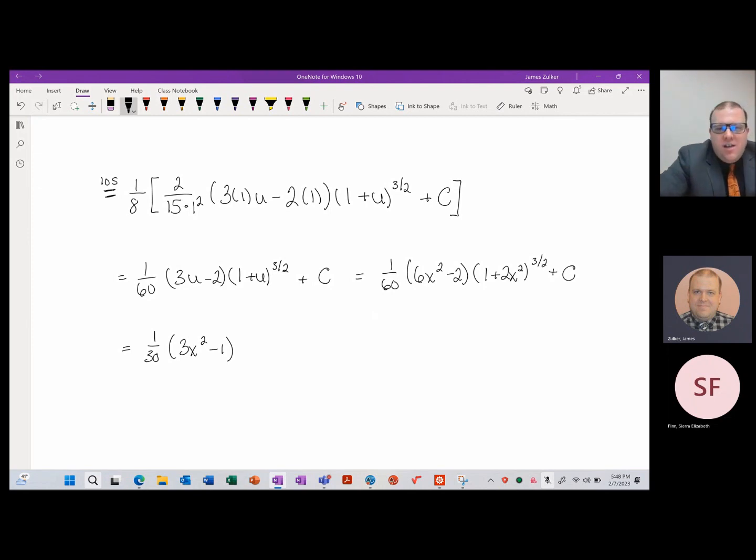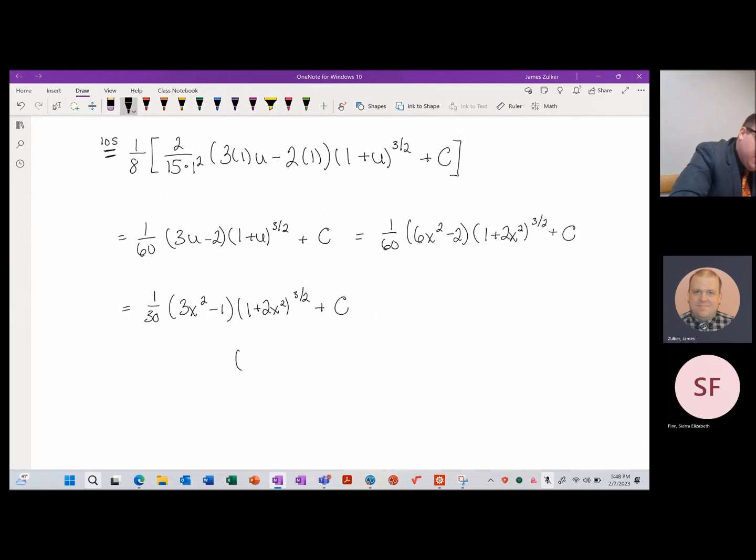And then it's just a matter of preference. I'm going to leave that as a 3/2 power, but you could have also written it this way. They're equivalent. Doesn't matter.